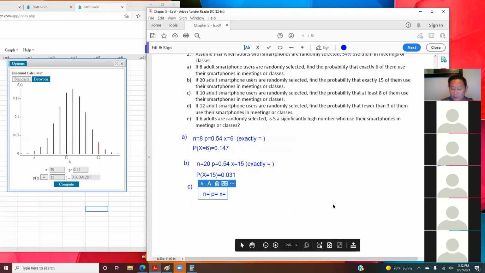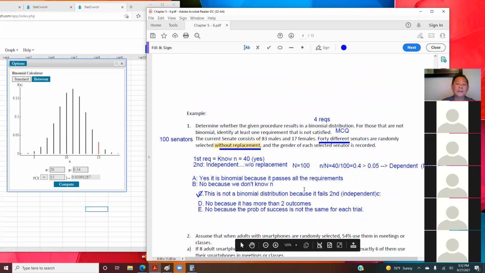N is 10. P is 0.54. X is 8. Yep. But the keyword now is not exactly. The keyword is at least.